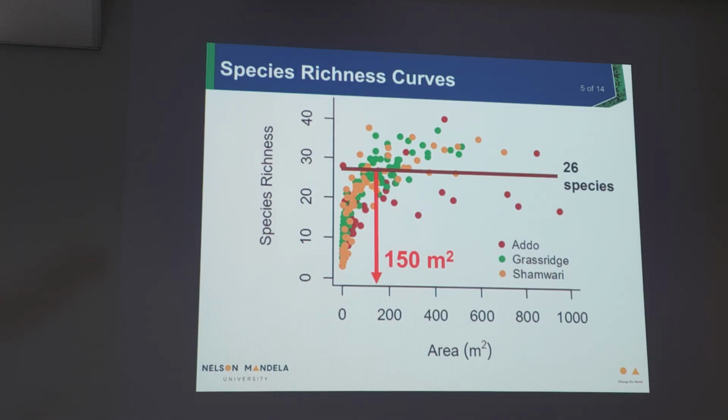And if you do an average of the post-asymptotic species richness, excluding that one monster, we end up with 26 species per bush clump, and we can achieve that roughly at about 150 square meters to 200 square meters.